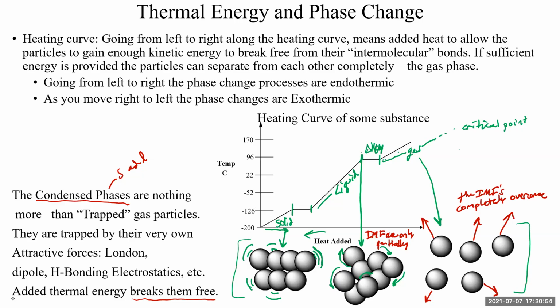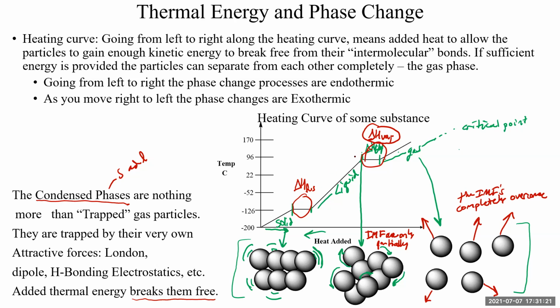So the idea here is that the phase changes are governed by the heat of fusion, delta H fus, and the heat of vaporization. These are the energies associated with changing phases, either adding energy to go from solid to liquid and liquid to gas, or taking away energy going from gas to liquid and liquid to solid.